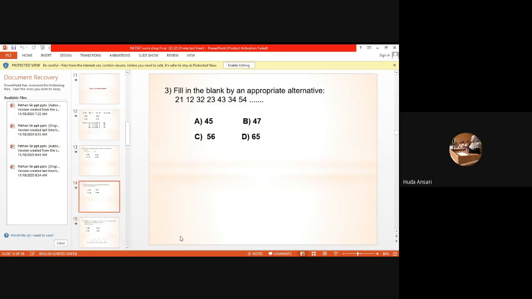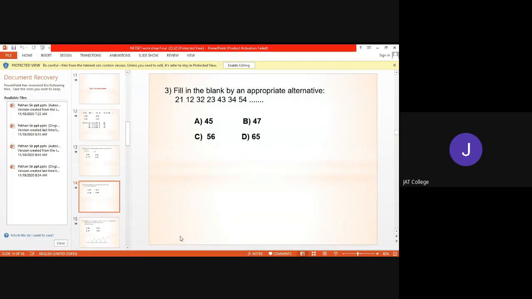Now next one, fill in the blank by an appropriate alternative. 21, 12, 32, 23, 43, 34, 54. Here you can also use the odd even concept.